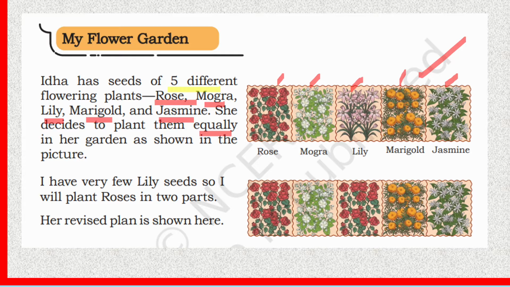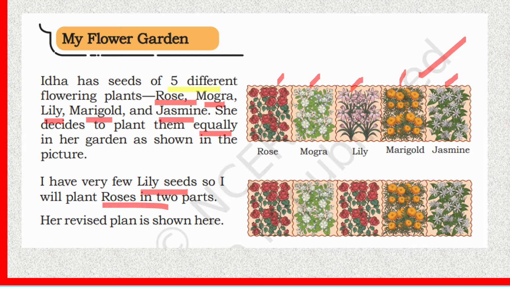I have very few lily seeds, so I will plant roses in 2 parts. But later, Ida finds out that she doesn't have enough lily seeds to fill one whole part. So, what did she do? She decided to use that extra part to plant more roses instead.